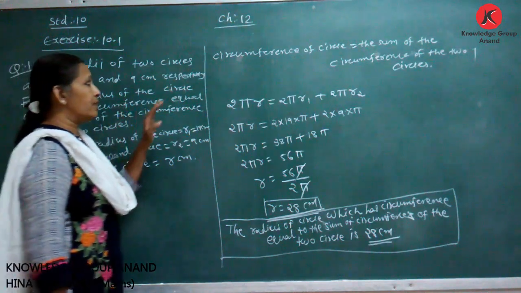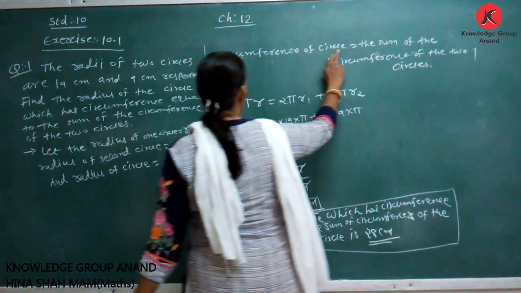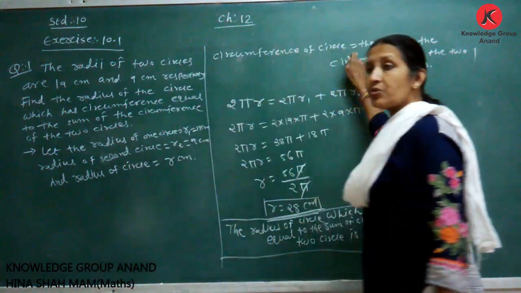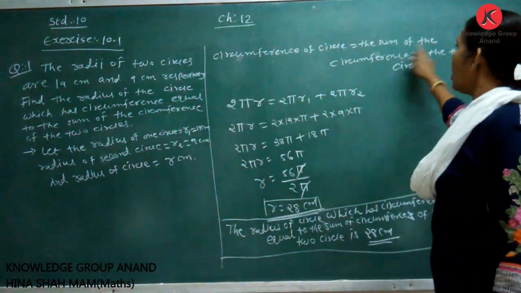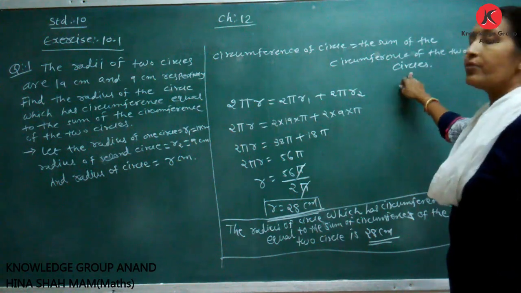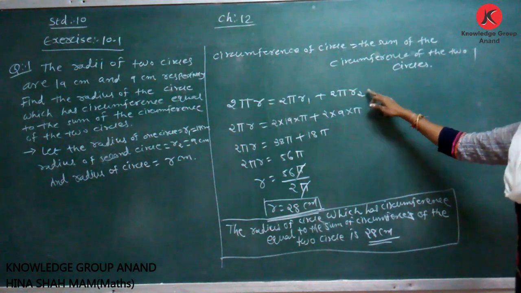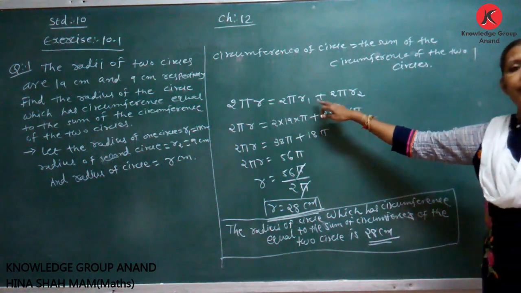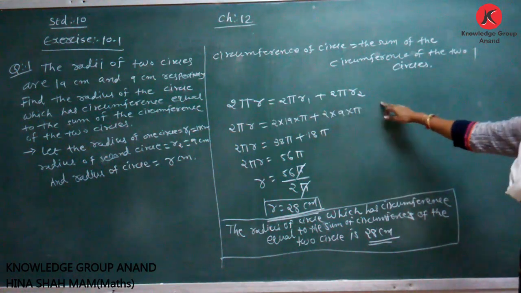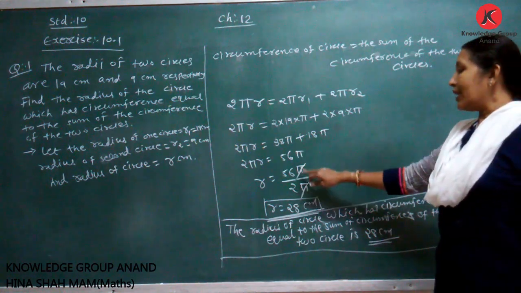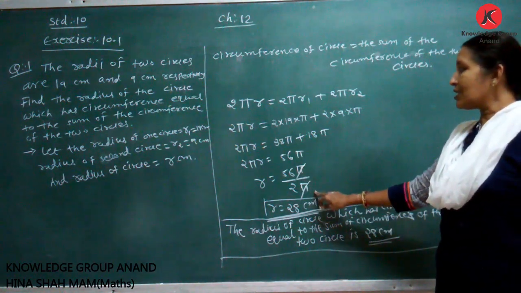Now according to the question, circumference of the circle equals the sum of the circumferences of the two circles. 2 pi r equals 2 pi r1 plus 2 pi r2.